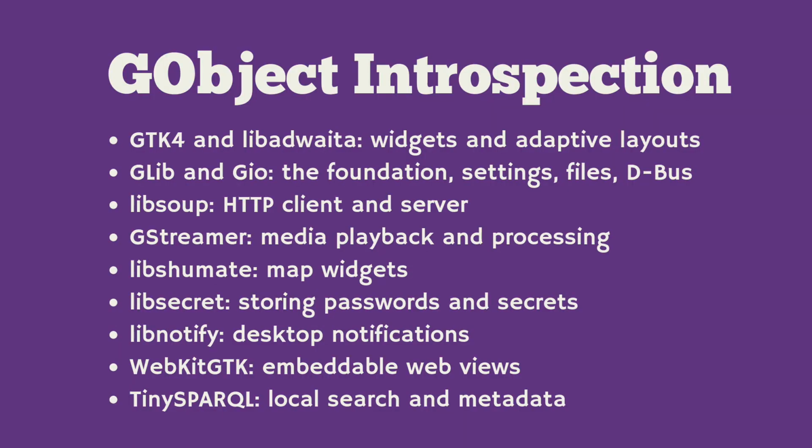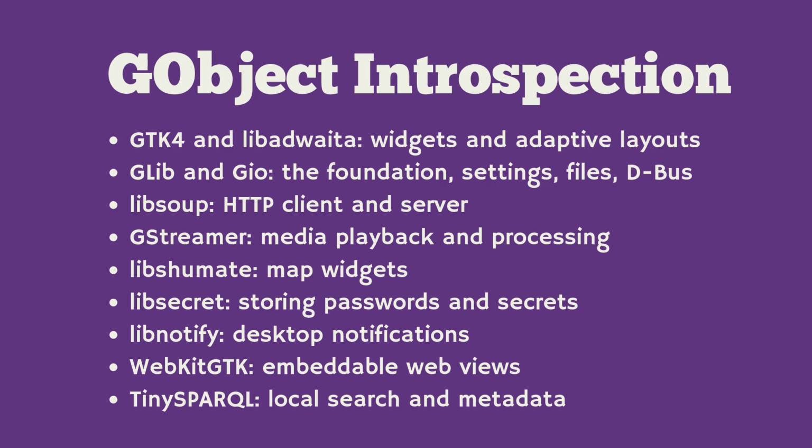Yes, with Pichi, you also have access to all the different GObject introspection libraries that we know and love. So the basic ones are, of course, GTK4 and libadwaita. So you have access to the different widgets, adaptive layouts, style classes, and much more. You also have access to GLib and GIO for GObject, for lists, for other infrastructure as well.